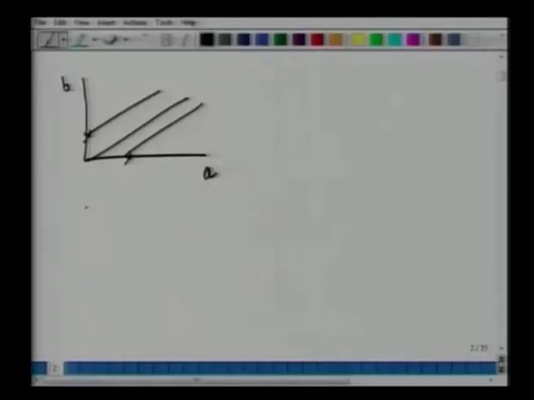The third feature is that I can use the superposition principle. So in a linear system, I am able to use the superposition principle. What does that mean?